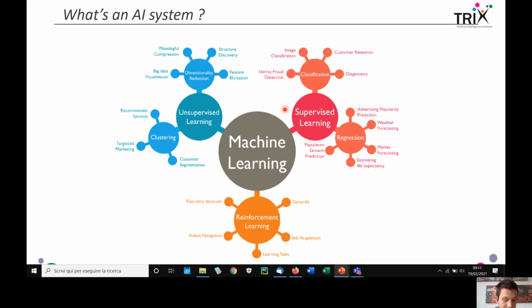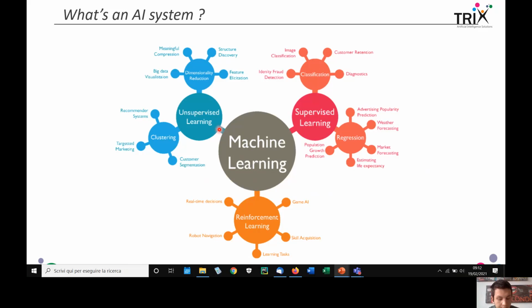Artificial intelligence has several branches. One is machine learning, where I have to train a system for the recognition and classification of new data. As we can see in this slide, the two main branches of machine learning are supervised learning or supervised algorithm and unsupervised learning.